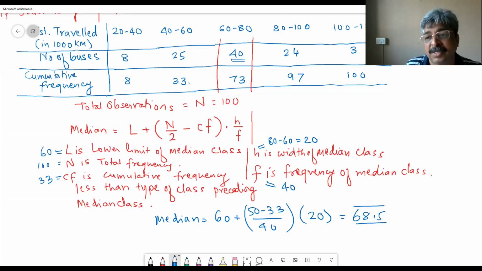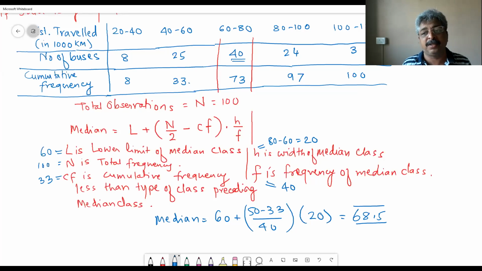There is a separate branch of mathematics called statistics, and it is a very useful branch. In this COVID time, the statisticians had a lot to do to predict. Anyway, okay. Sir, how would this change if we have an even number of classes?